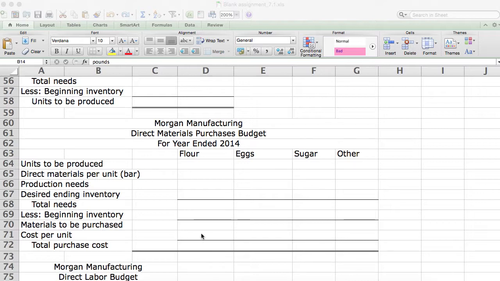The cost per unit is also provided above, and the total purchase cost is the quantity of materials to be purchased times the cost per unit. You'll provide the sum for each raw material, and in cell C72, you'll sum up across all the requirements: flour plus eggs plus sugar plus other.